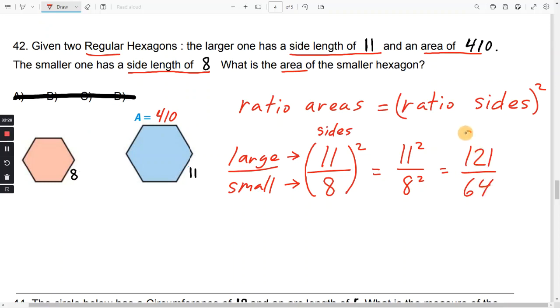Okay, that's the ratio of the areas. And now we can set that up. One fraction is going to be the ratio, and the other fraction is going to be the actual areas. Alright, so this here is the ratio, and this one here is the actual areas.